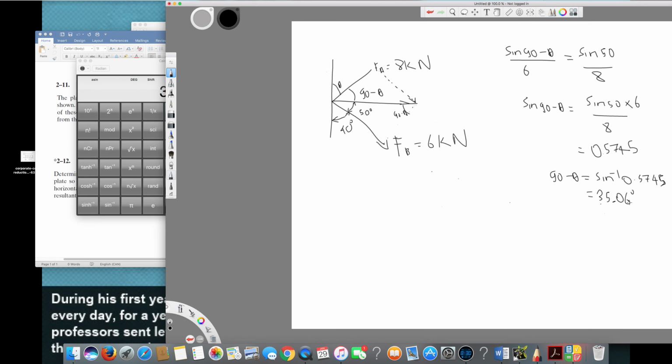So we found this 90 minus theta, and theta can now be easily found.